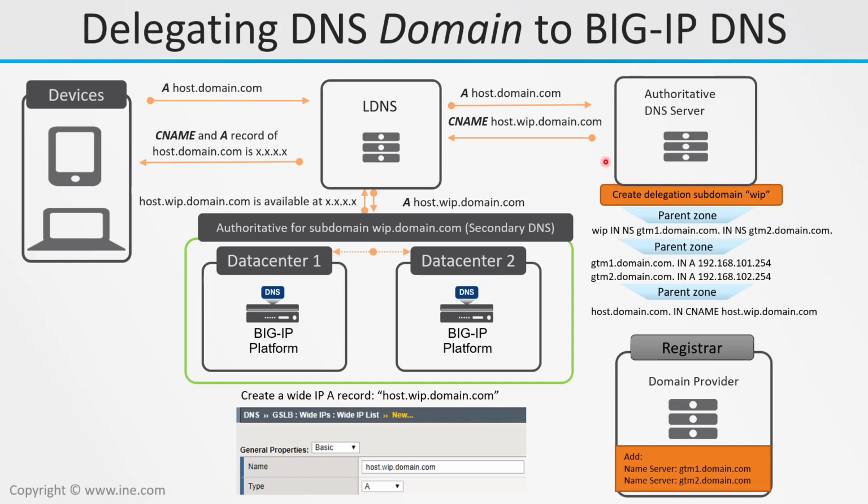Different external DNS servers obviously come from different IP addresses, so you need to ask your respective provider what IPs we need to whitelist on the BIG-IP DNS boxes to allow the transfer requests and receive messages. So the zone information is the same.